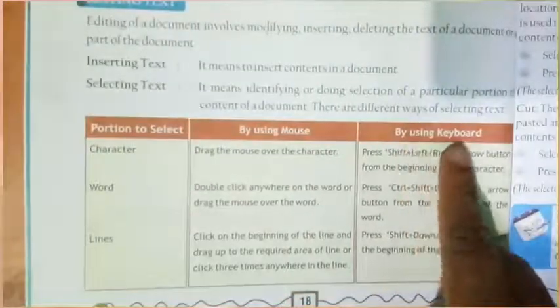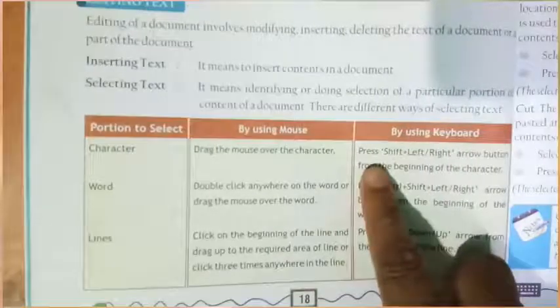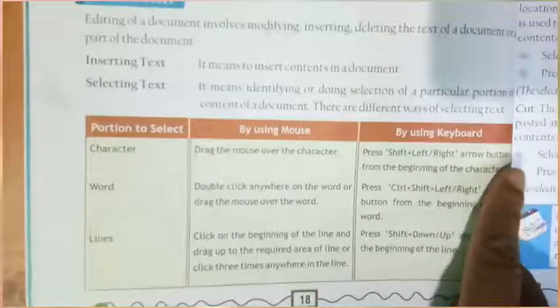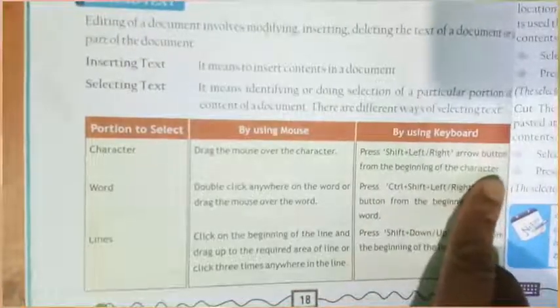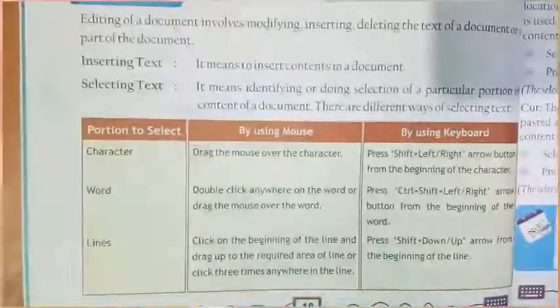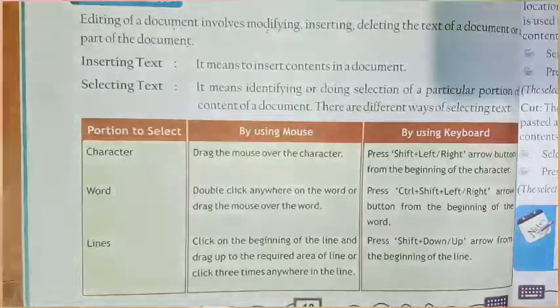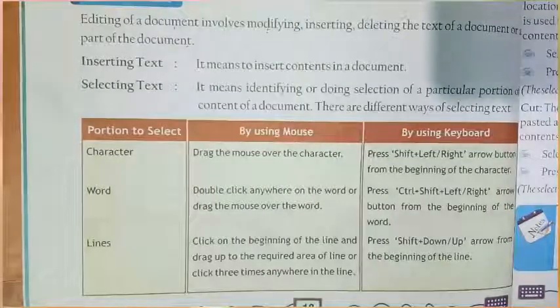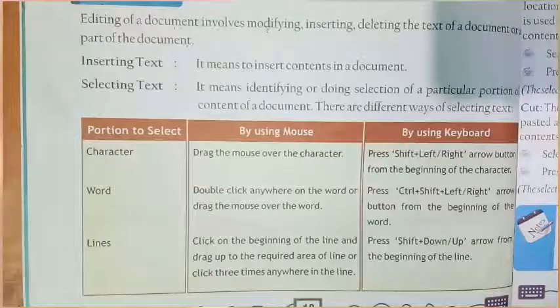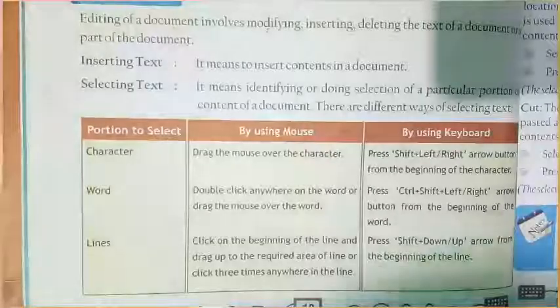And by using keyboard, we can press shift plus left or right arrow button from the beginning of the character. Wherever we want to select the character, whether left or right, we have to press shift plus left or right arrow button for selecting any portion of characters.